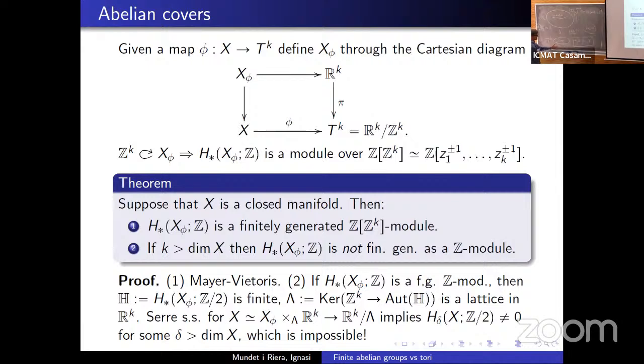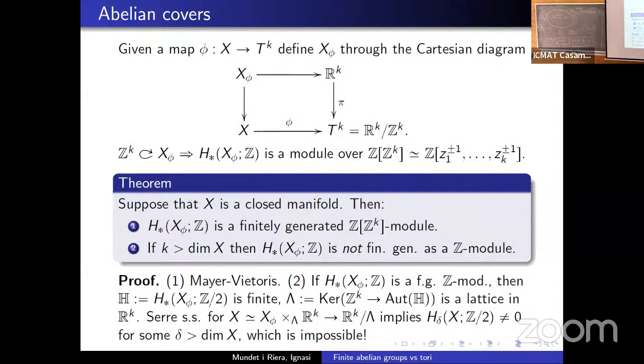And for the last statement, when you assume that the fundamental group is virtually solvable, basically what you have is that the abelian cover is not only acyclic, but it is also simply connected. If it is simply connected and acyclic, it is contractible. And this implies that the manifold X is homotopy equivalent to a torus.